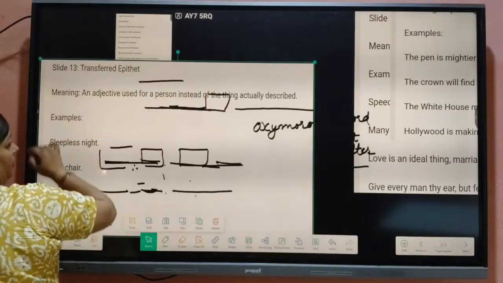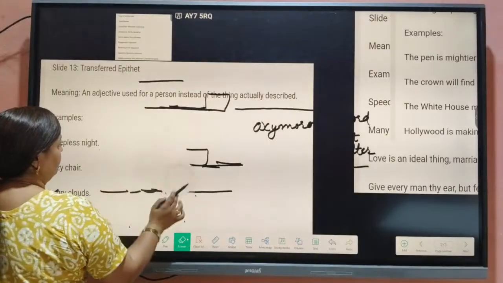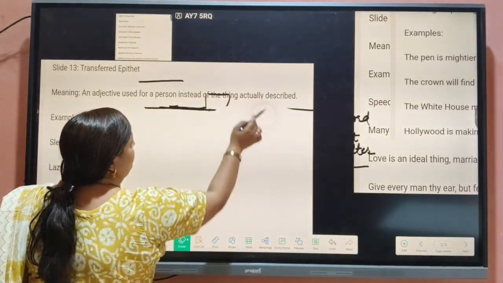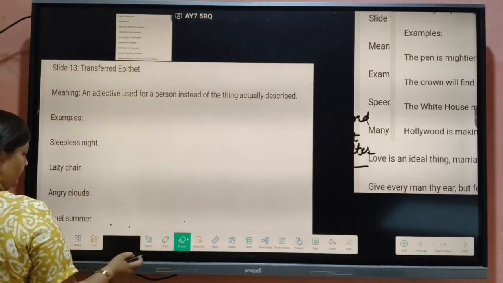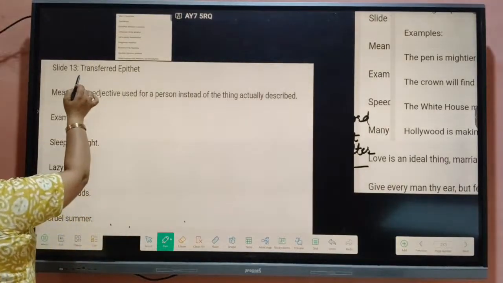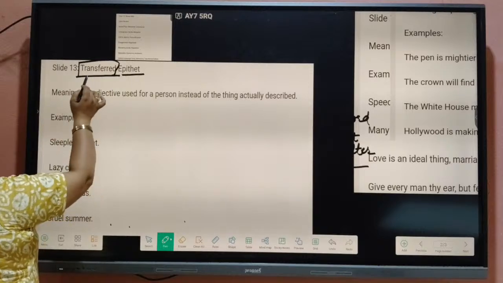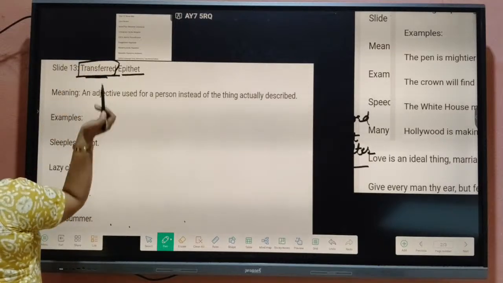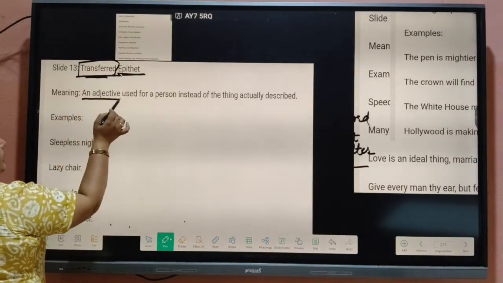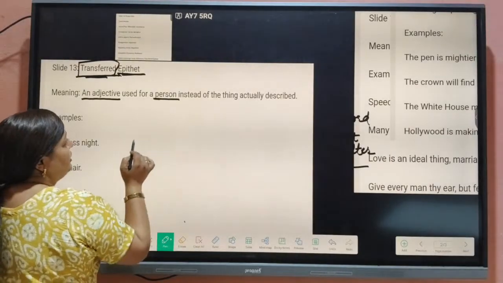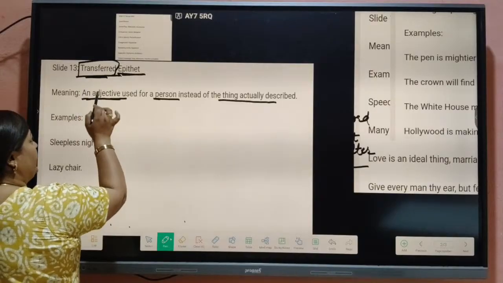Now we will do transferred epithet. As the name is telling us, transfer. We will transfer a quality, meaning an adjective used for a person instead of the thing actually described. Here we will use an adjective.